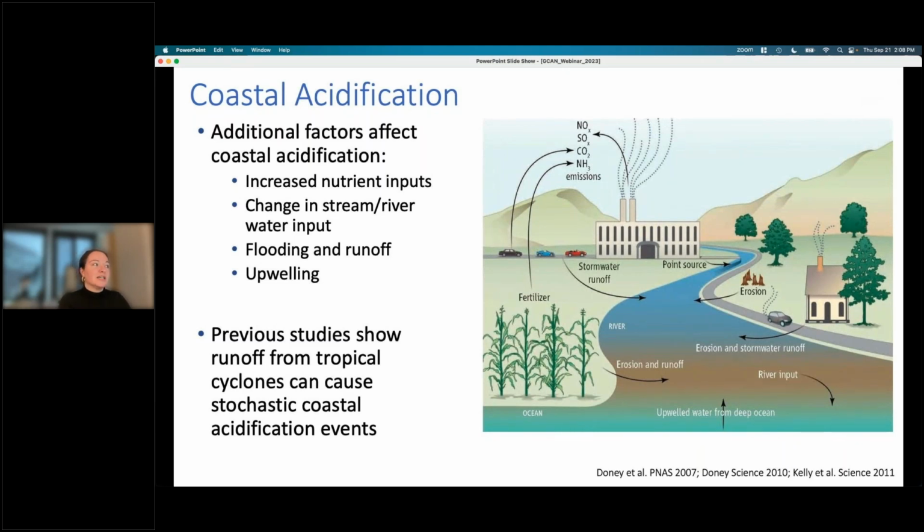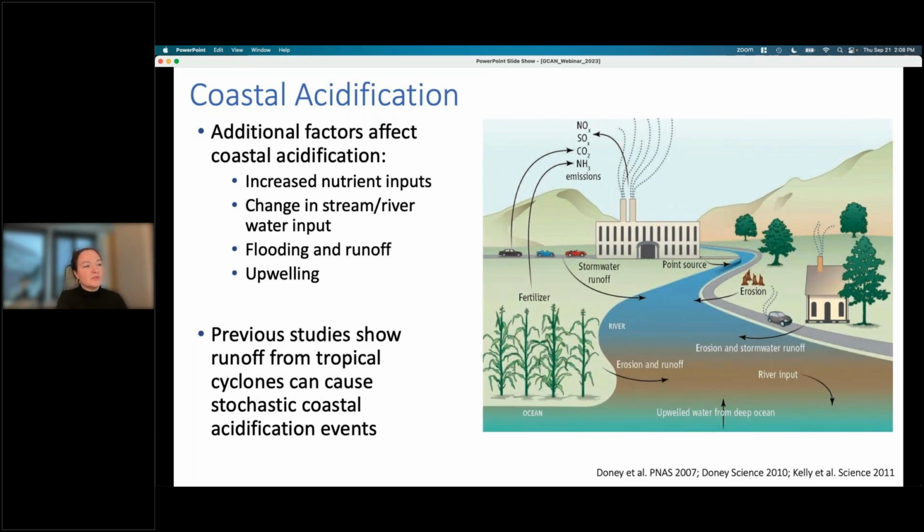These can include things like increased nutrient inputs, changes in the stream or river water input, extreme or excessive flooding and runoff as a result of storms, as well as upwelling from the deep ocean. The figure on the right-hand side here indicates graphically many of these processes that can influence the acidification in coastal environments, and we often refer to this collection of processes as coastal acidification.